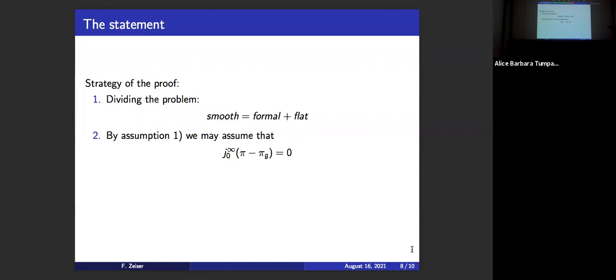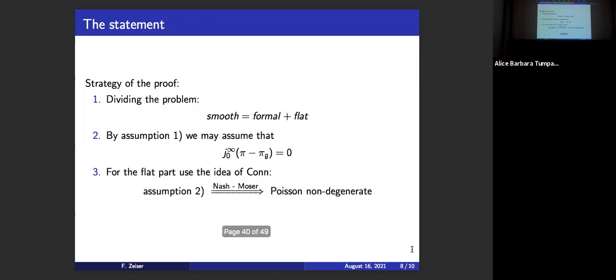So what we may assume is that the infinite jet at 0 of the difference is 0. In other words, the difference between our Poisson structure pi and the linear one is just a flat bivector field. Then for the flat part, we adapt Conn's iteration to the purely flat setting and use the Nash-Moser.